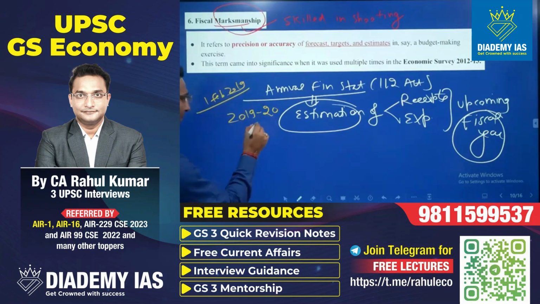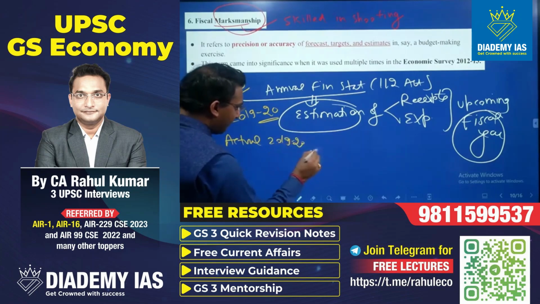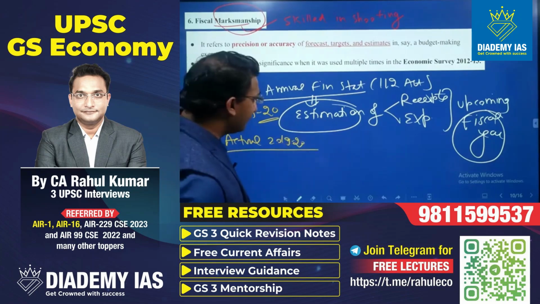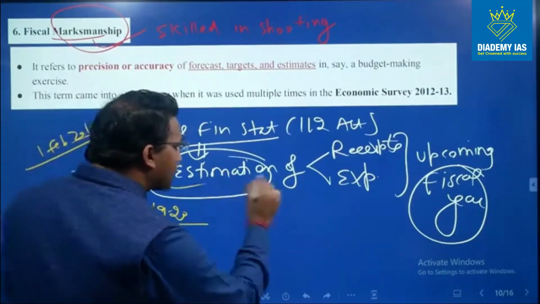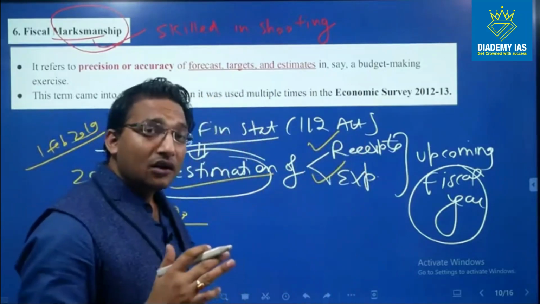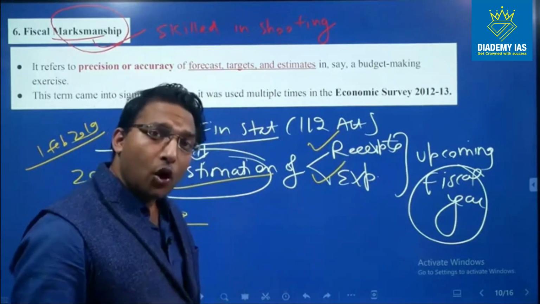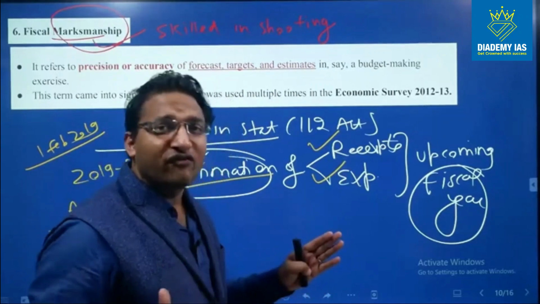Now, when this year completes and the government comes to know the actual figure for the year 2019-20, after the year gets completed, then we are able to see whether the estimates of the revenue and expenditure are closer to the actual or very much different from the actual.